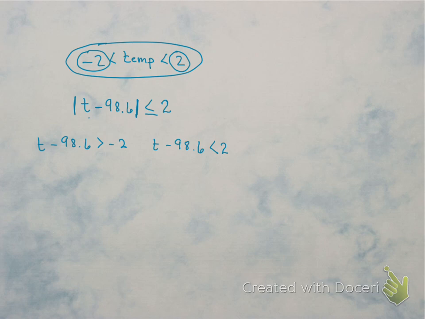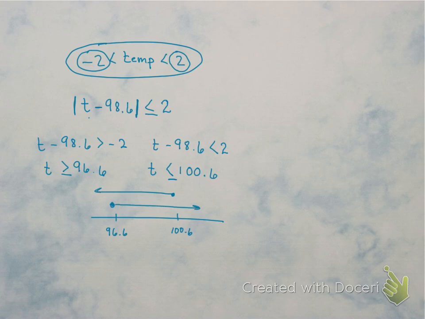And then we'll add 98.6 to get that T is greater than 96.6 and T is less than 100.6, right? So as long as we are greater than 96.6 and less than 100.6, we are within 2 degrees of that midpoint.